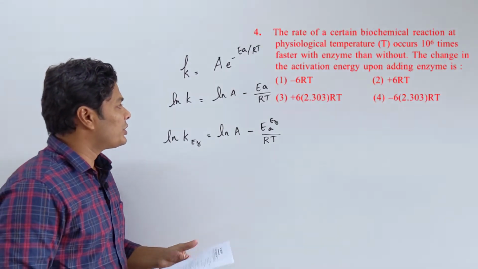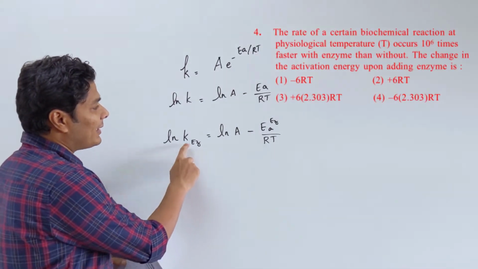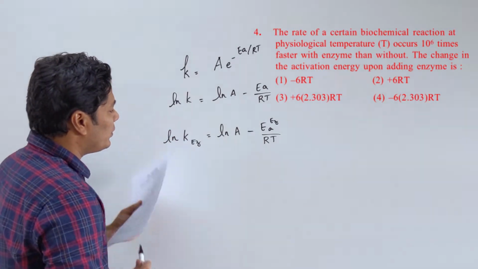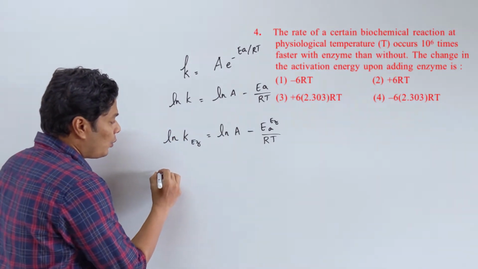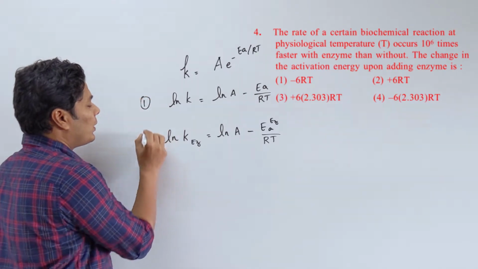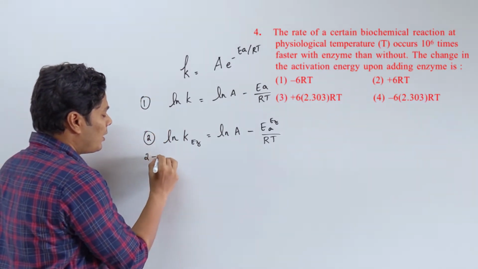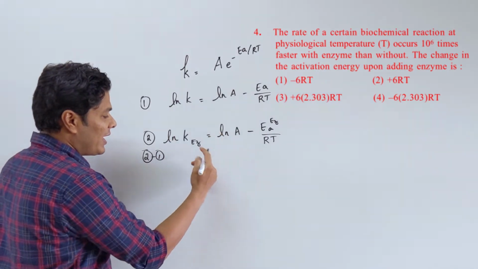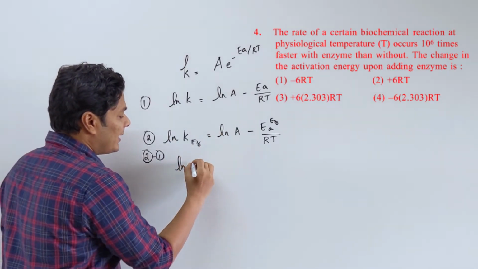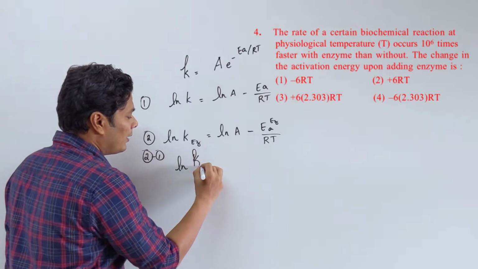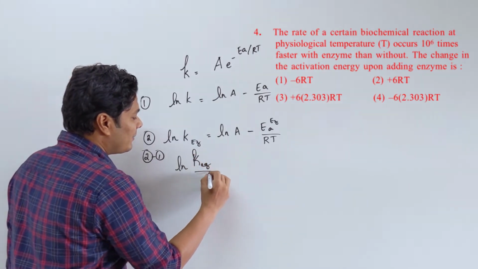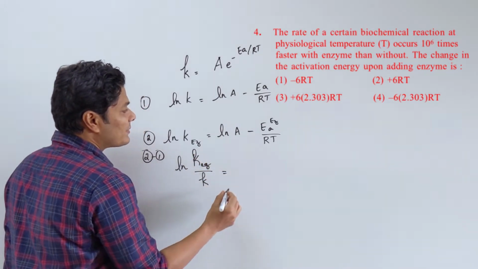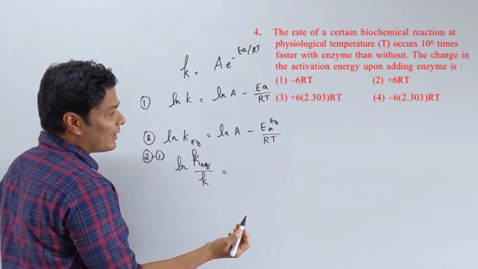Now that we have the equations for the enzyme catalyzed and uncatalyzed reaction, we can do one minus the other. Let's say this is equation 1, equation 2. I'm going to do 2 minus 1. ln A minus ln B is ln of A by B. So, ln of k enzyme divided by k equals, ln A, the frequency factor, cancels out.